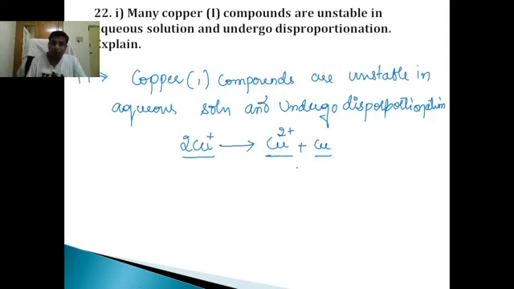Why does it disproportionate? Because Cu2+ is more stable than Cu+.